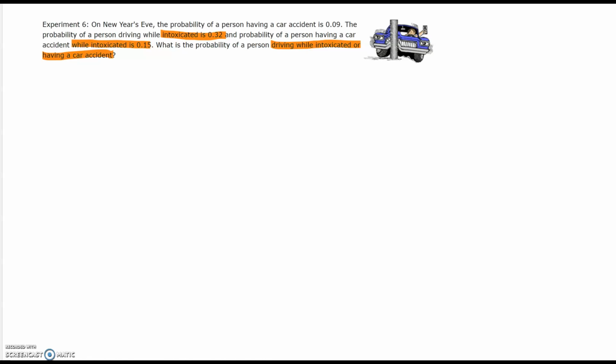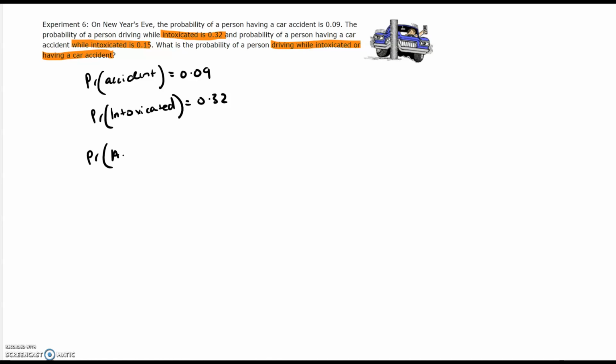So first thing I'm going to do is write down my probability. The probability of someone having an accident is 0.09. The probability that someone's driving while intoxicated is 0.32. And the probability of someone having an accident, I'm just going to use A, and they're intoxicated is 0.15.